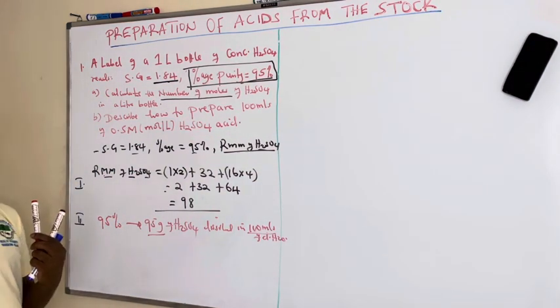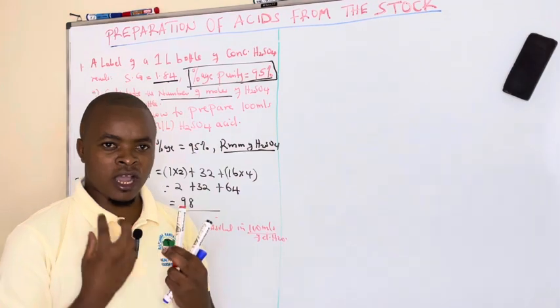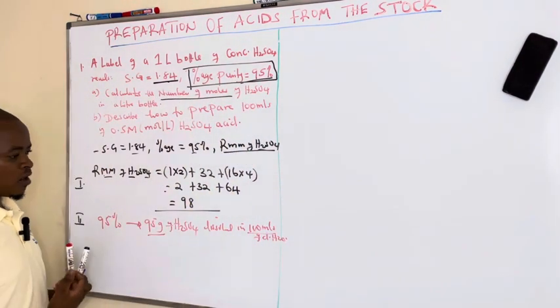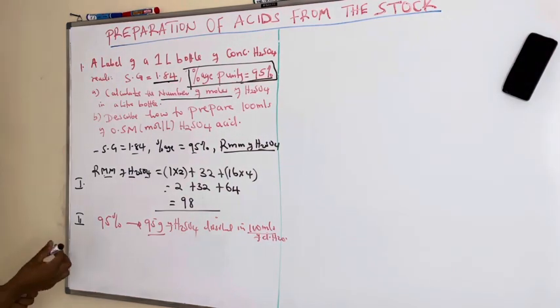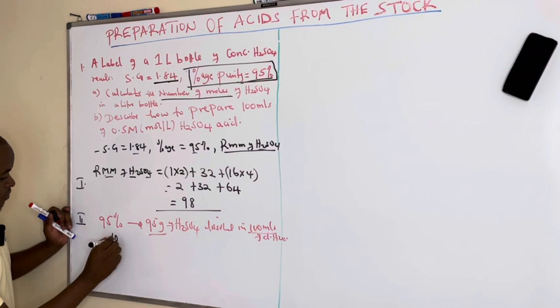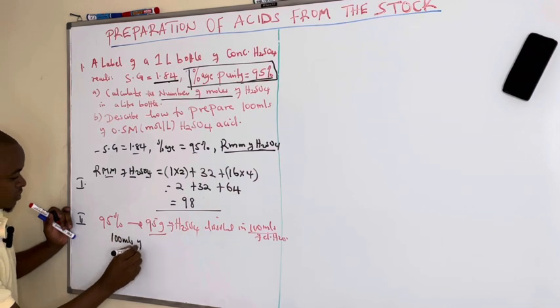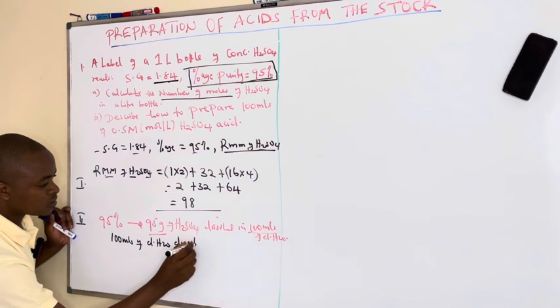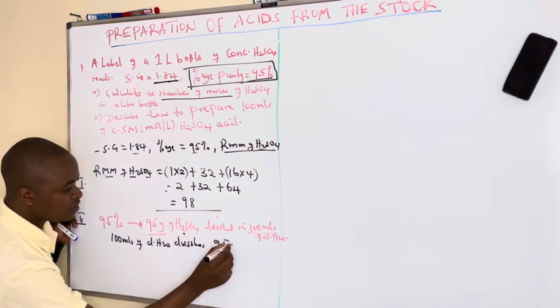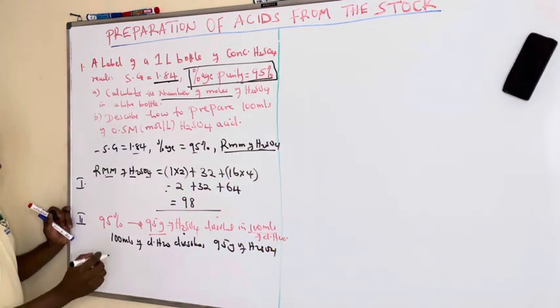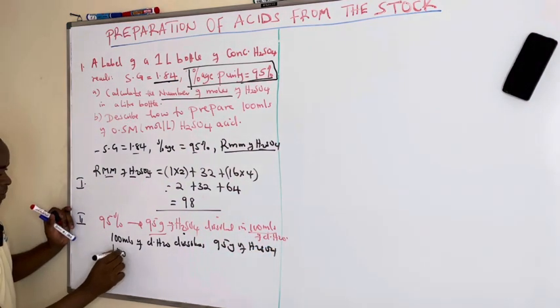But remember, molarity is always in 1,000 ml. So to get molarity, we always need 1,000 ml. So here we shall say that if 100 mls of distilled water dissolves 95 grams of sulfuric acid, what about in 1,000, what about in a liter?